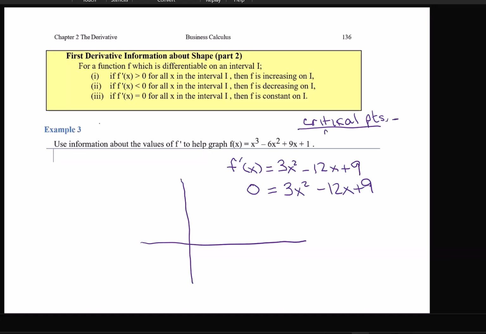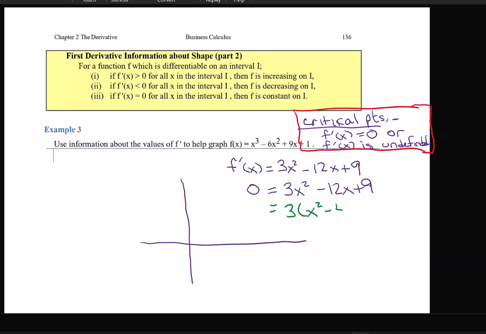when the derivative is equal to 0 or the derivative is undefined. When it's equal to 0, it's a max or a min. I can factor this. Let's factor out the 3.